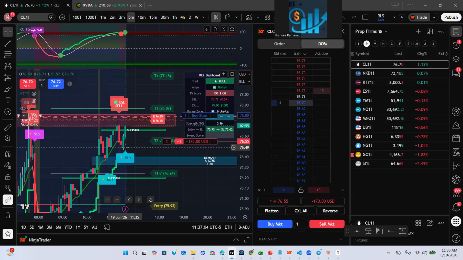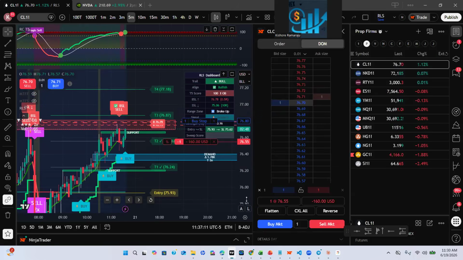Again, today the market is choppy because of the long weekend. NQ is moving up and down because there are very few buyers and sellers today.